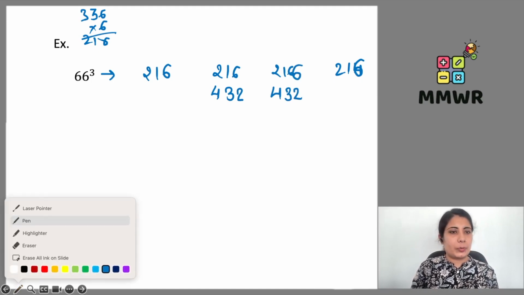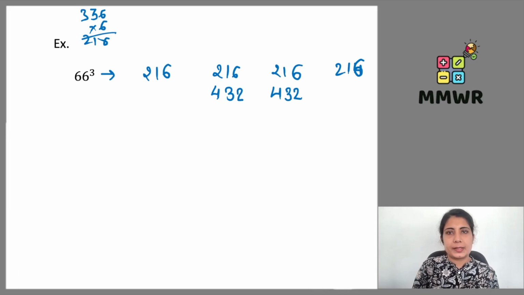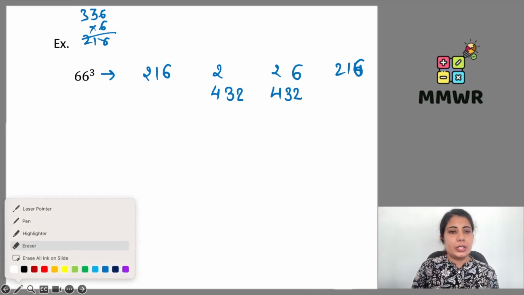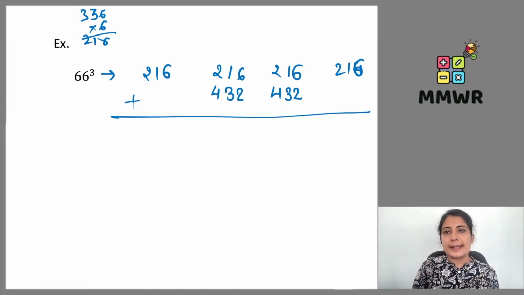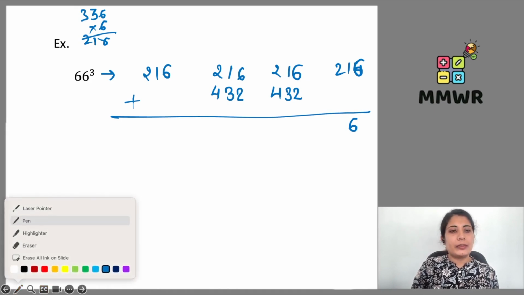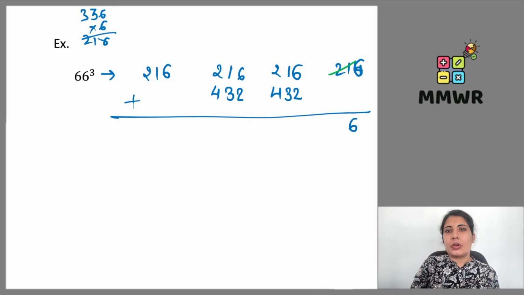Just let me write it properly. Yes. Okay. So I'll have enough space to do the calculation. 216, 216. Let's quickly add it. I'll be getting 6 from here, from this column, and this 21 I'll forward to the next column, 2, 1.